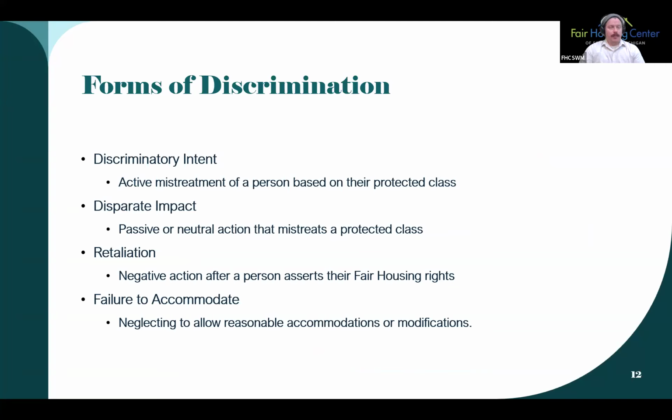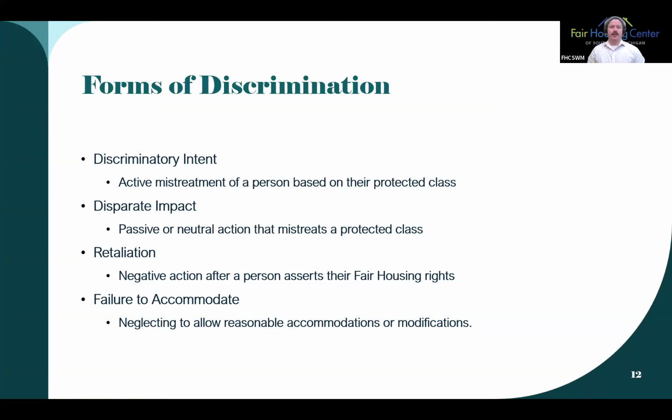Discrimination takes a number of forms, but usually it falls into one of these four flavors. There's discriminatory intent, disparate impact, retaliation, and failure to accommodate. So only behavior that involves one or more of the protected classes is illegal under the Fair Housing Act.